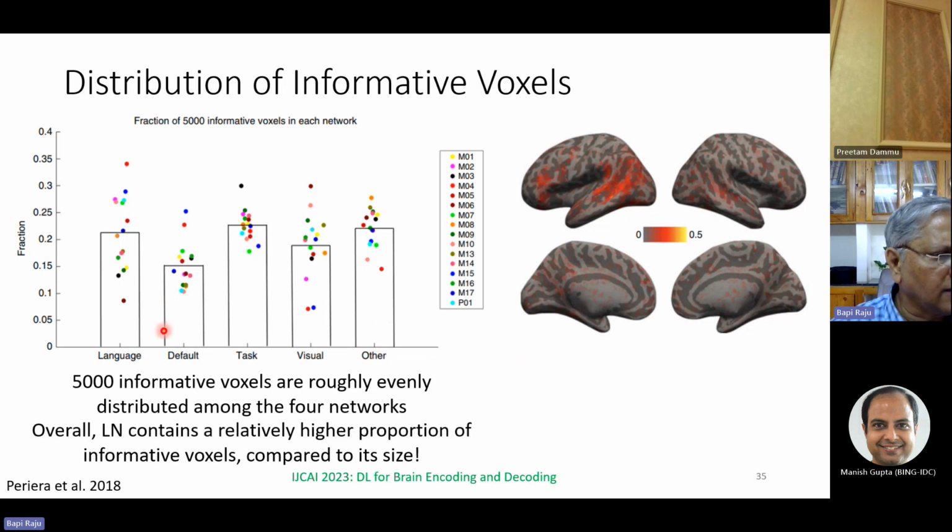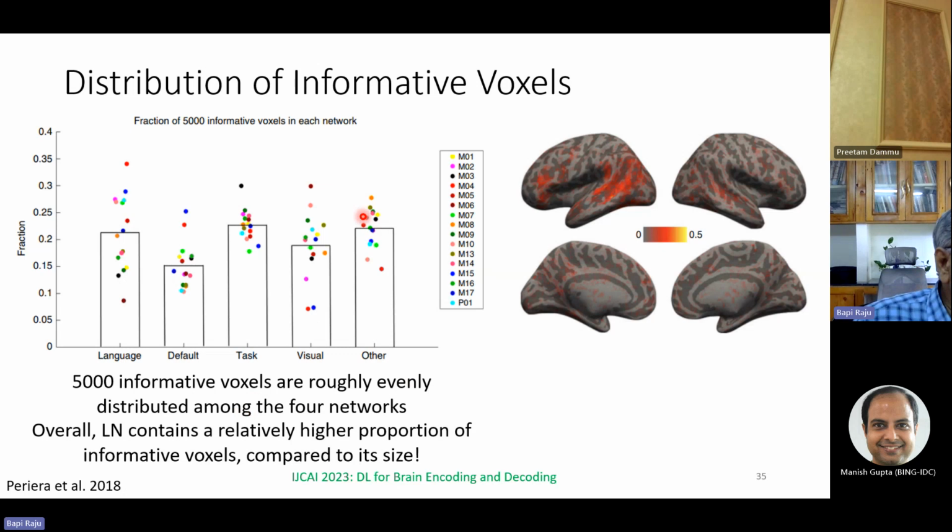shows that on average, a significant fraction, more than 20% out of 5,000, come from voxels that are in the language area of the brain. Similarly, task related, and there are some voxels from visual and what is called the default mode network.